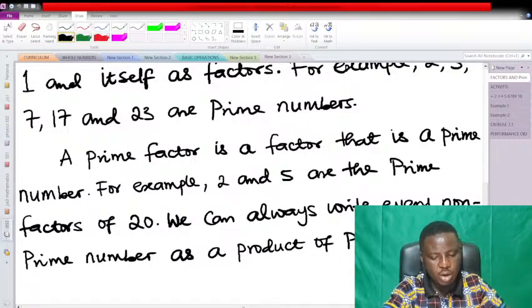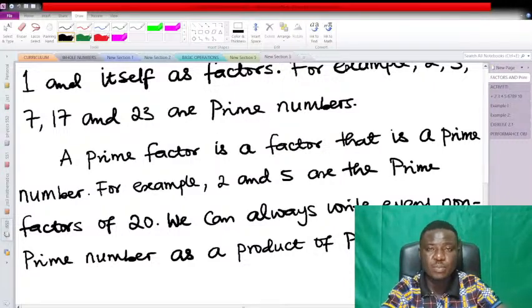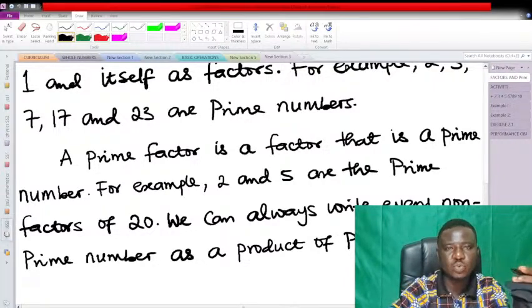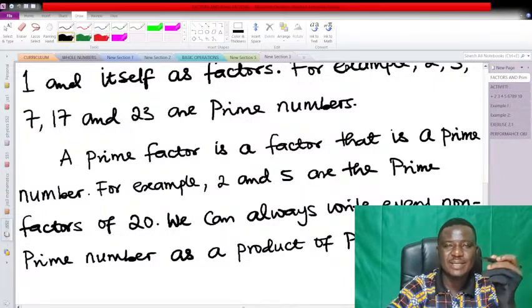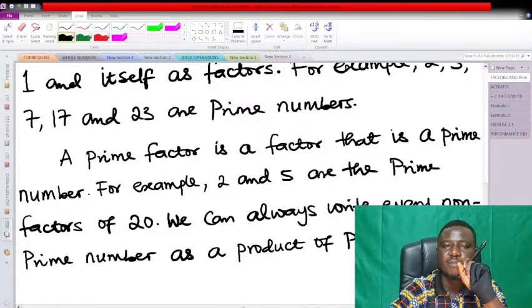Example, 4 can be written as 2 times 2. 2 is a prime number and a prime factor of 4.